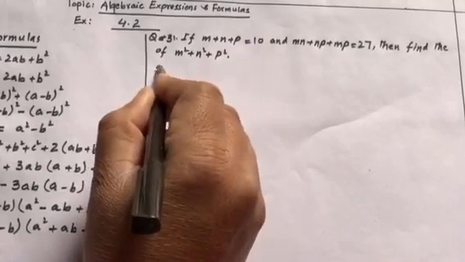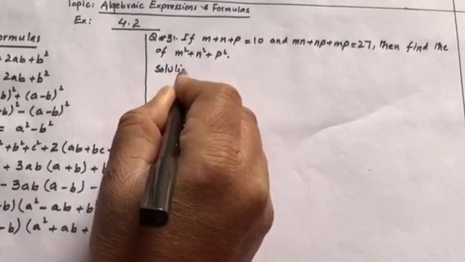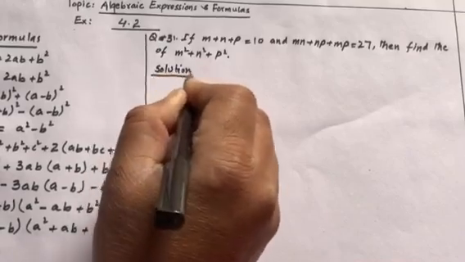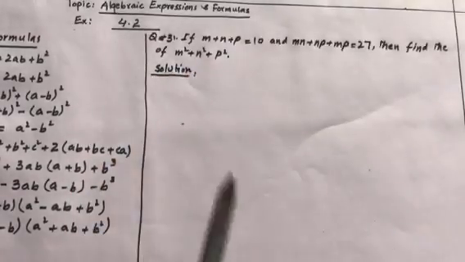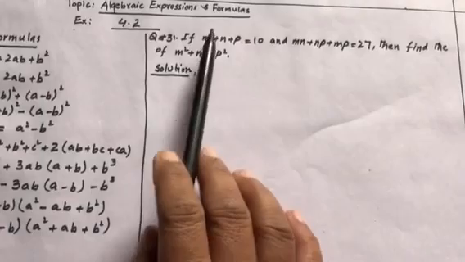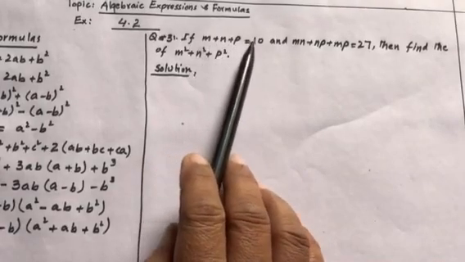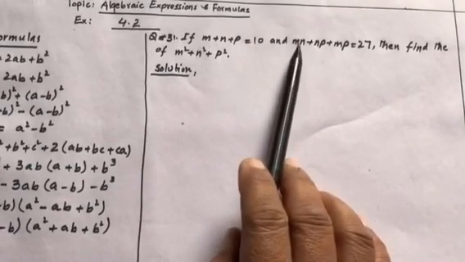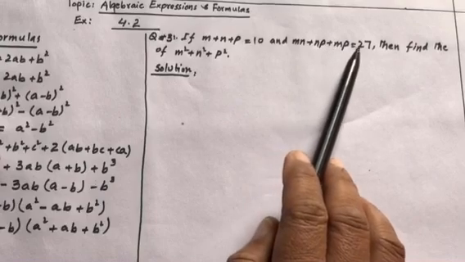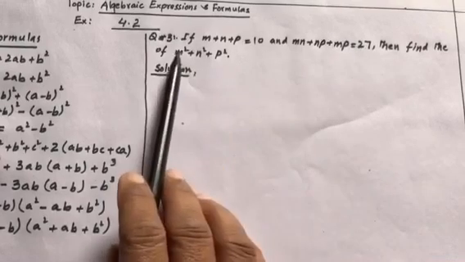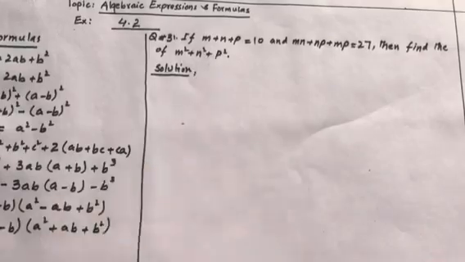So in solution, in these questions some values are given. The value of m plus n plus p is equal to 10 and the value of mn plus np plus mp is equal to 27. We have to find m square plus n square plus p square.